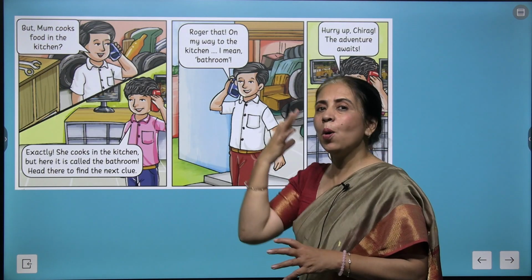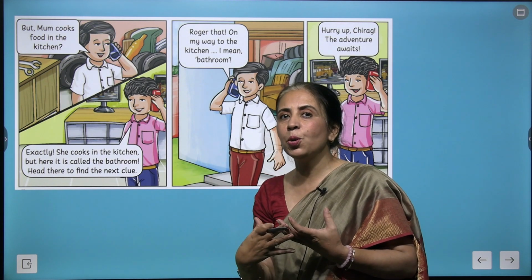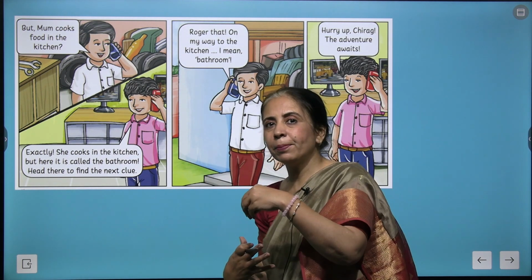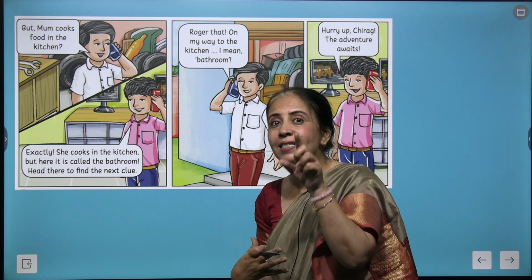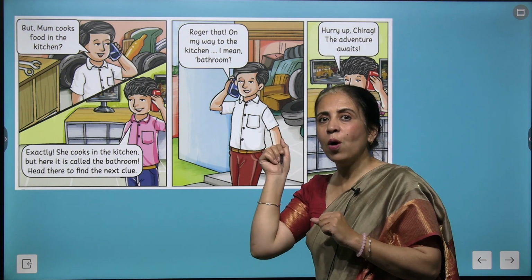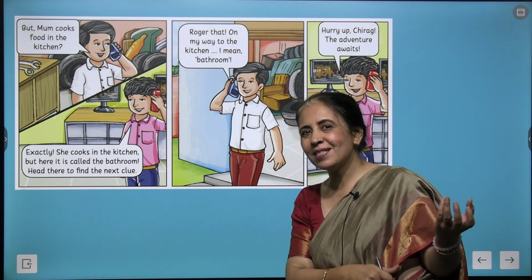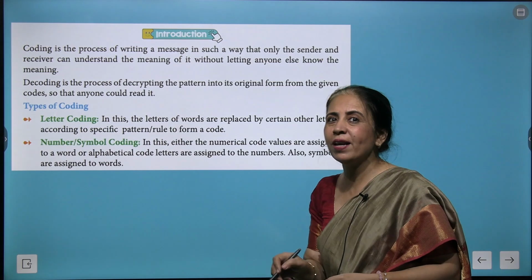So this is how the twisting of the brain takes place, and your answer is something different, which is a secret code. Once he reaches the bathroom, he finds another treasure waiting for him there. So this is sometimes real fun.